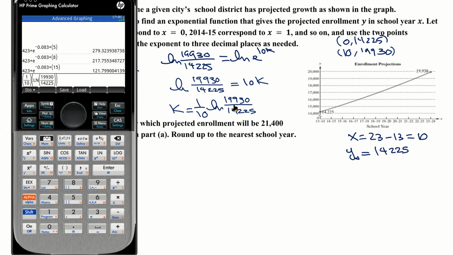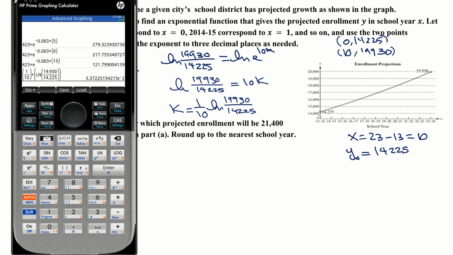We'll double check to make sure we typed it in correctly. And notice that this is in scientific notation, so we're going to move the decimal. It's times 10 to the -2, so move the decimal 2 to the left.